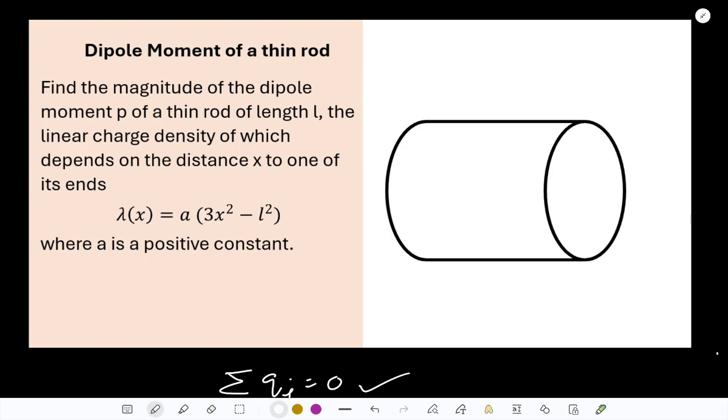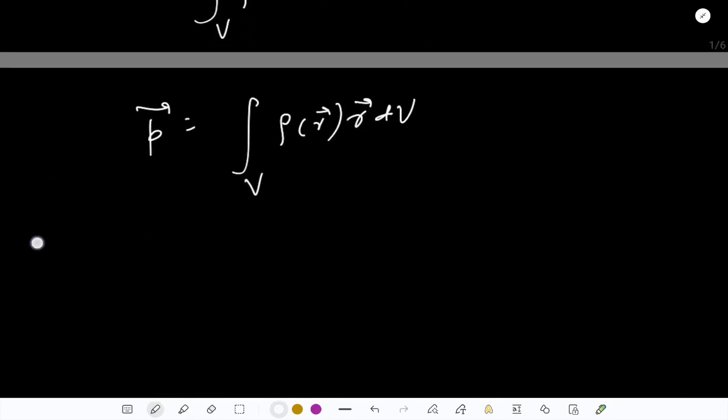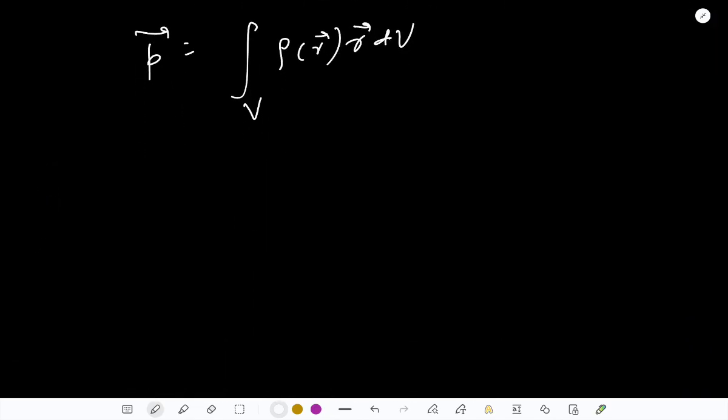You can read the statement of the problem again, that is on your screen. Well, you must have read this again, and now we are going to solve it.